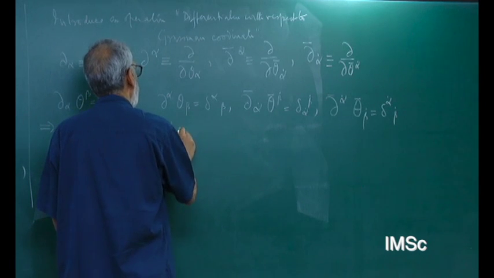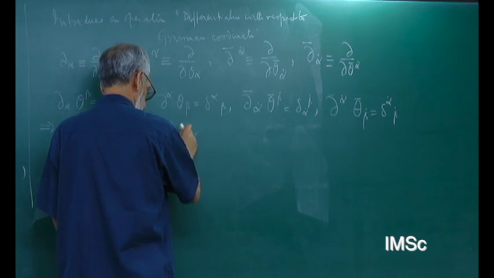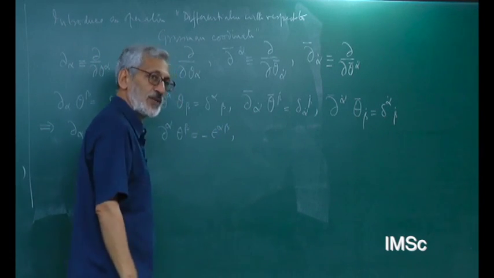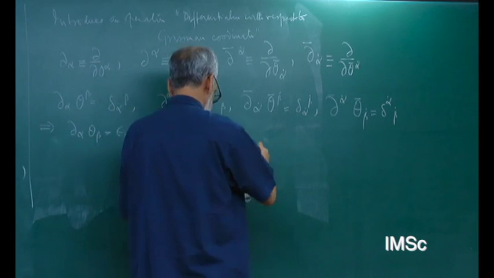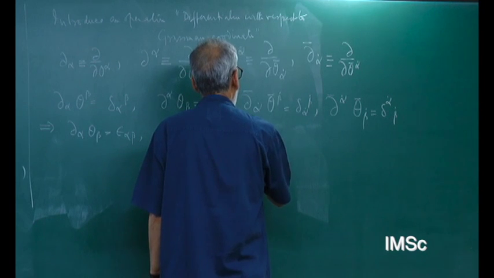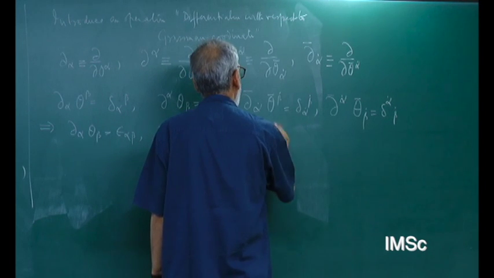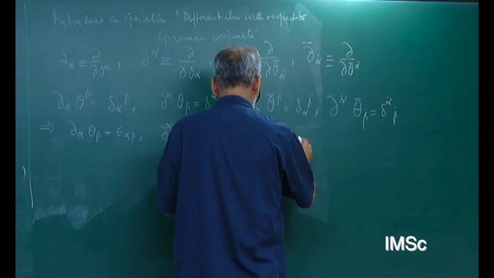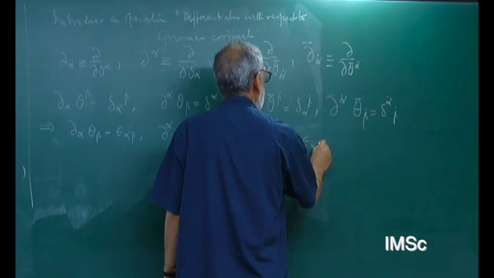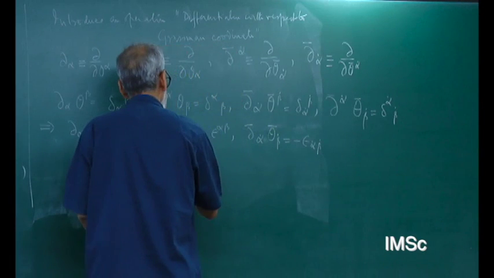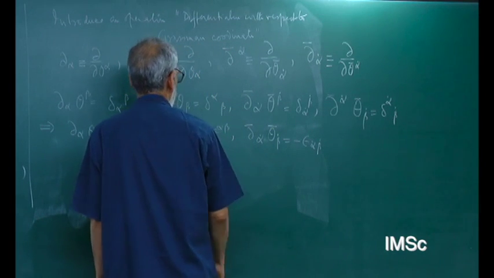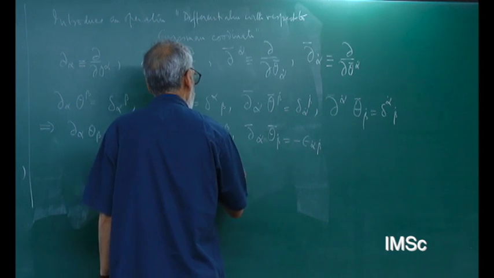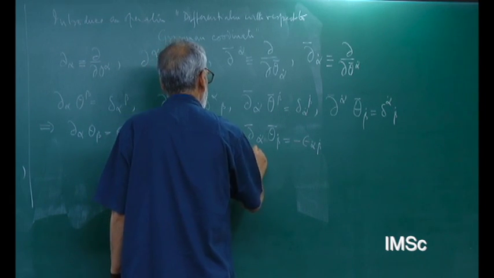D alpha up, theta beta up is minus epsilon alpha beta up. D alpha dot bar theta bar beta is minus epsilon dot beta dot, and d alpha dot up theta bar beta dot up is epsilon dot beta dot up.